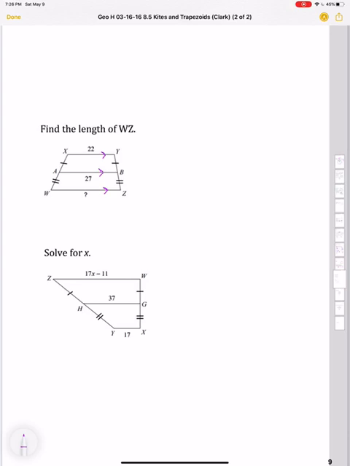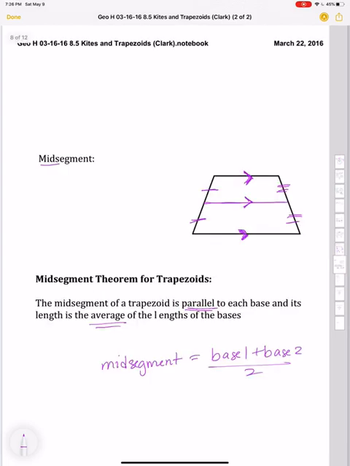So anyway, let's see. We know A is cut in half, and B is cut equally. Oh, I marked it wrong. I'm sorry, guys. Whoops. So it makes those equal and these equal to each other.